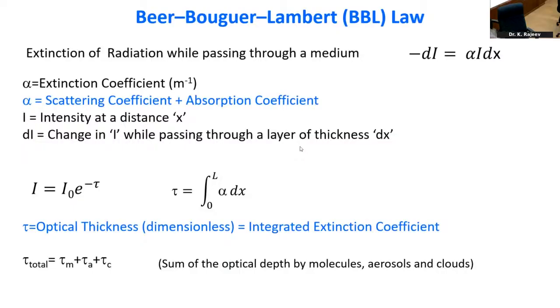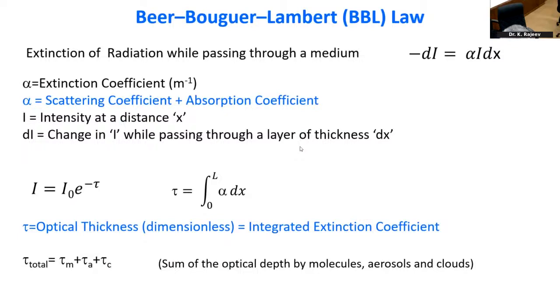So how much is the radiation that is lost when a beam of light is coming to you? It depends on how much distance it has traveled and how much the radiation is attenuated within dx, where the extinction coefficient is alpha. So extinction coefficient becomes very important. And if I know this, the equation can be simply converted to this.